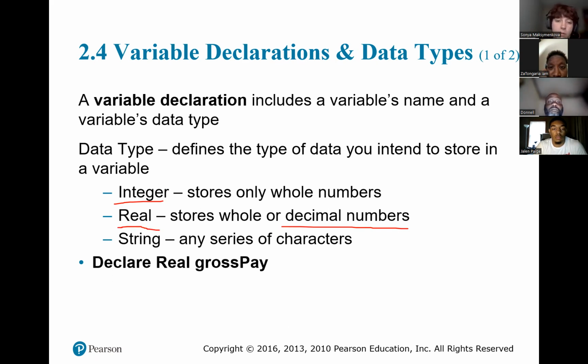And that's just something that you have to memorize. There's no other way around it. It's just part of the vocab. And then any series of characters, which just stands for words and sentences, is called a string. So there are 3 data types that you need to be familiar with. Integer stores whole numbers. Real stores decimal numbers. String stores any words or sentences.